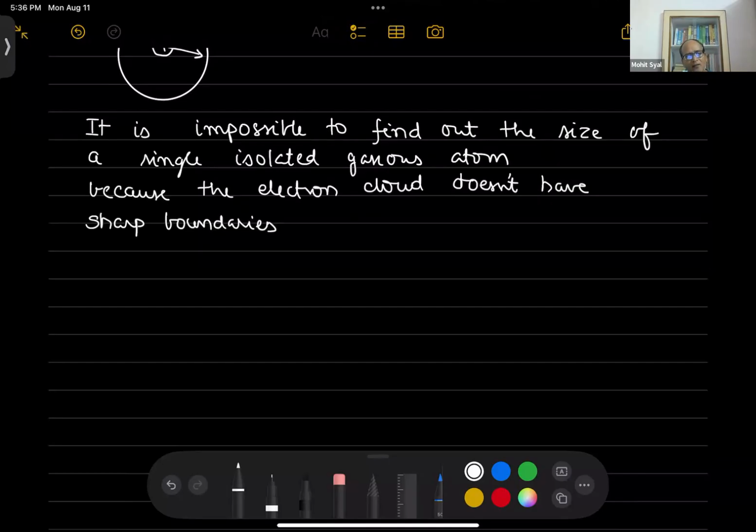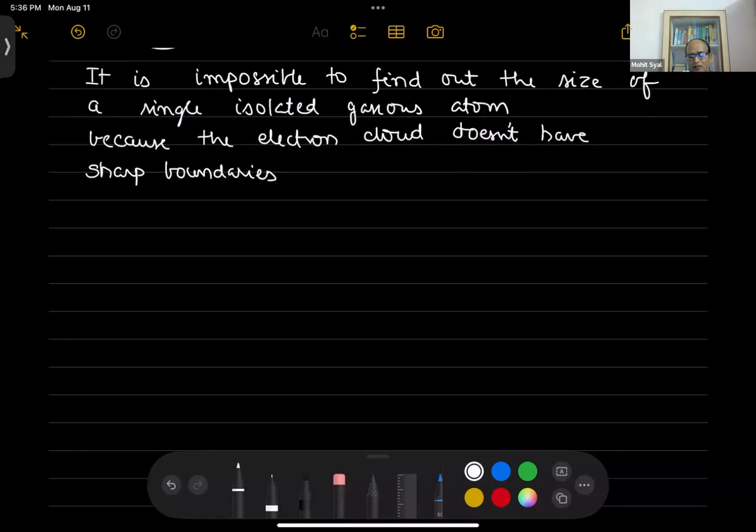You can check the size of an atom if it is along with other atoms. If an atom is not a single isolated atom, you can measure it if atoms are present in a group and close to each other.